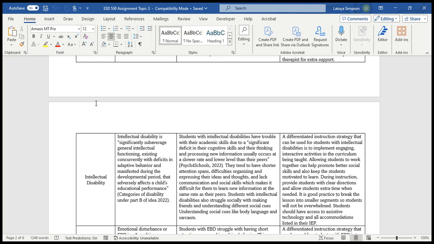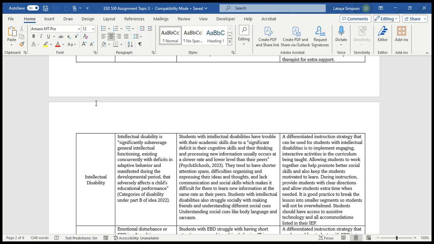They tend to have short attention spans, difficulty organizing and expressing their own thoughts and ideas, and a lack of communication and social skills, which makes it difficult for them to learn new information at the same rate as their peers. They also struggle with social skills in making new friends and understanding different social cues like body language and sarcasm.